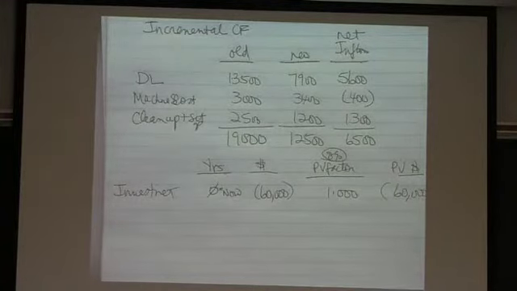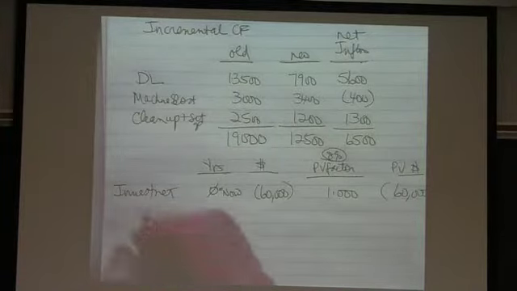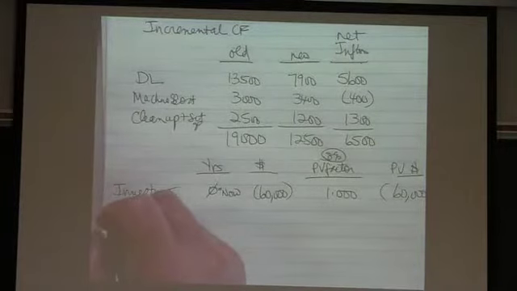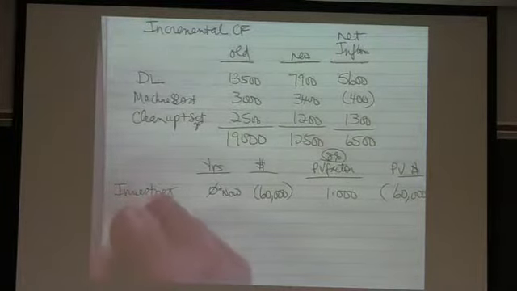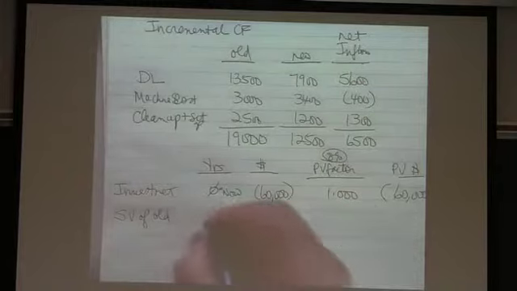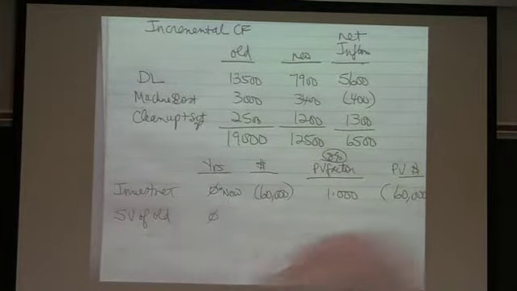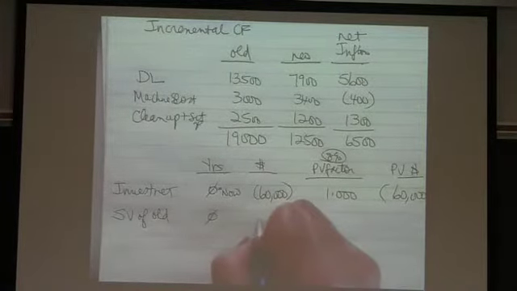Now, what else do we need? We know that we're going to get a salvage value of 20,500. So this is the salvage value of the old machine. We need to know that because that's going to be a cash inflow, isn't it?